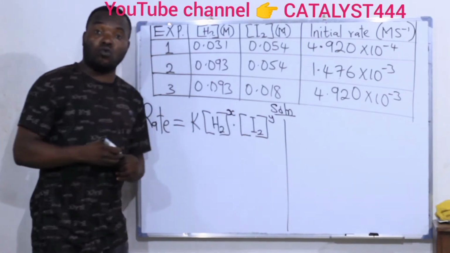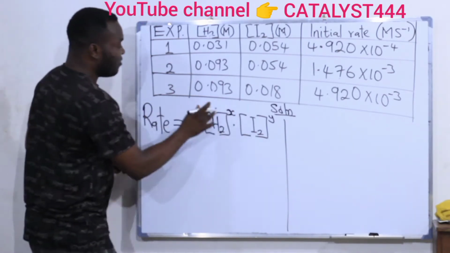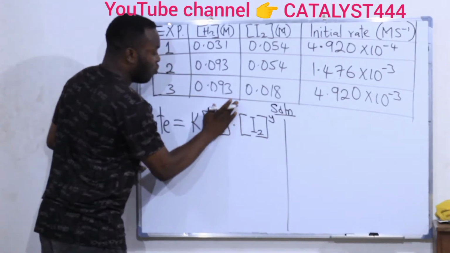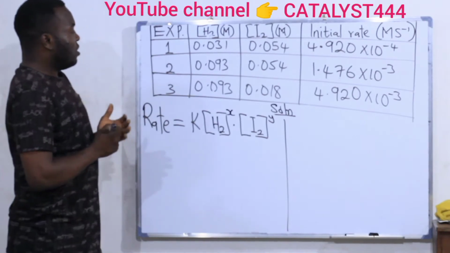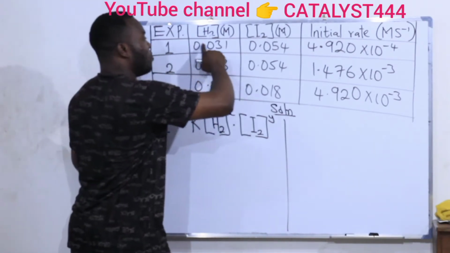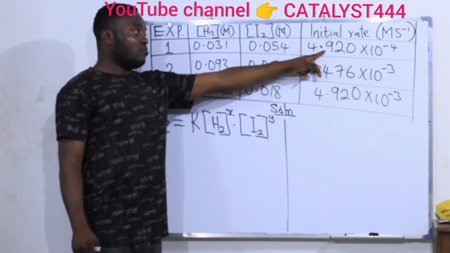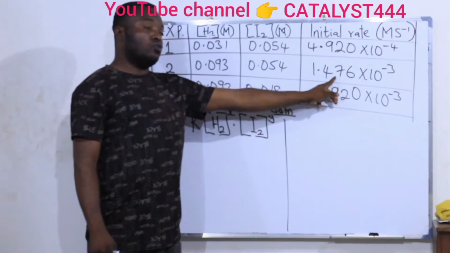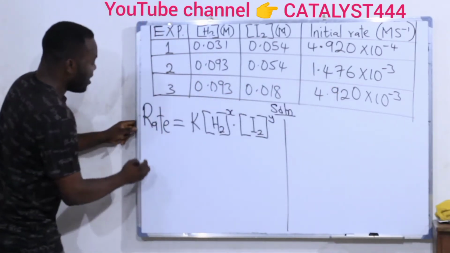You cannot have 2 unknowns at the same time. So I can call experiment 1 my R1, experiment 2 my R2, and experiment 3 my R3.